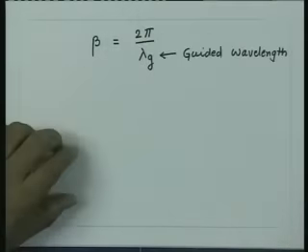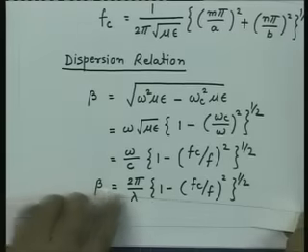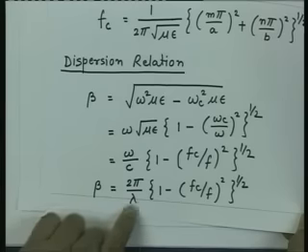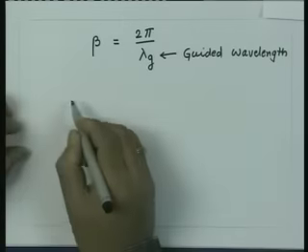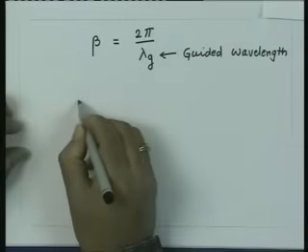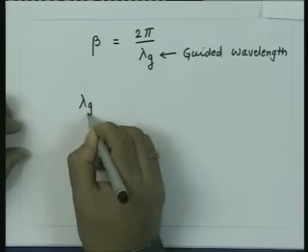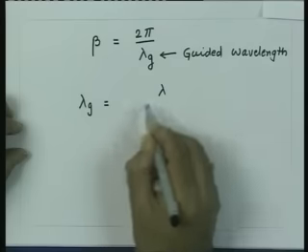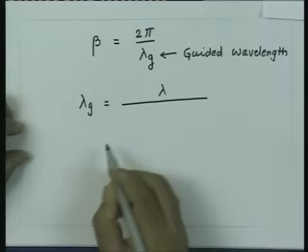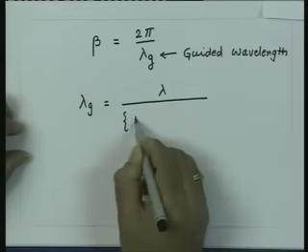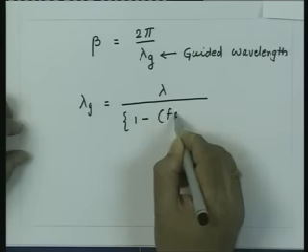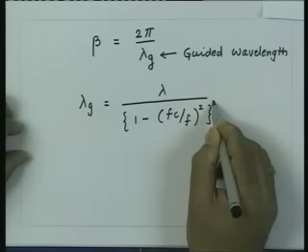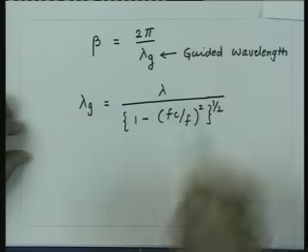Once I do that, I can substitute for beta as 2 pi by lambda, and that can be related to the intrinsic lambda as lambda g equal to lambda divided by square root of 1 minus (fc upon f) whole squared.